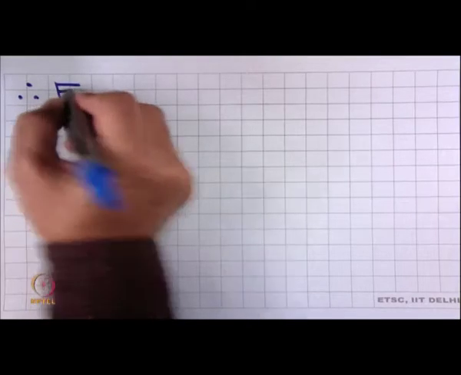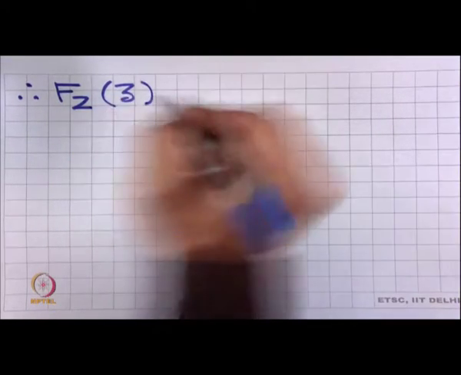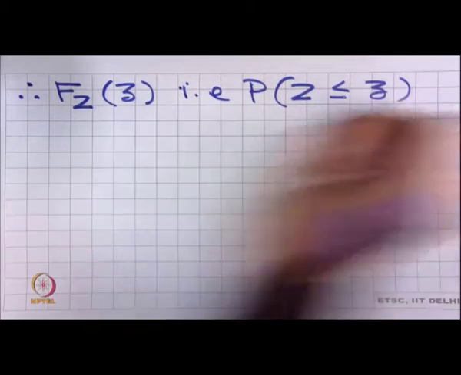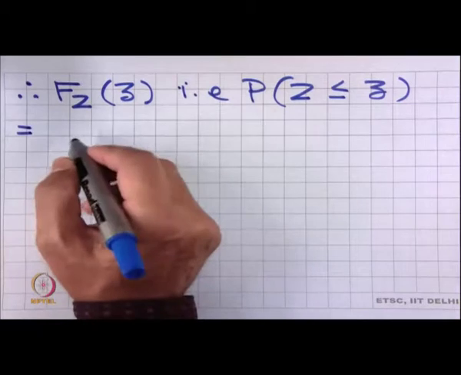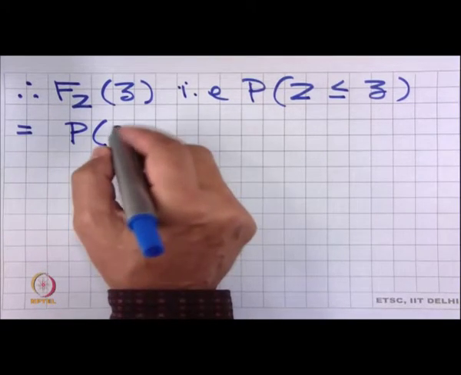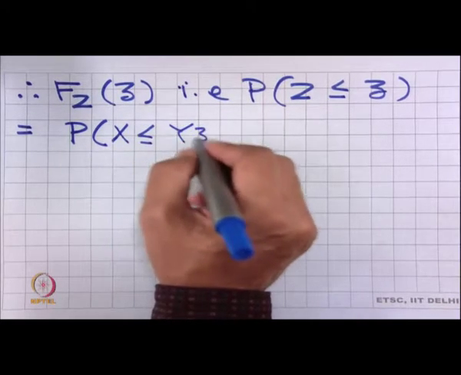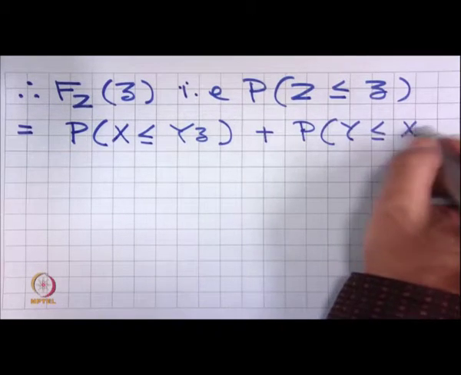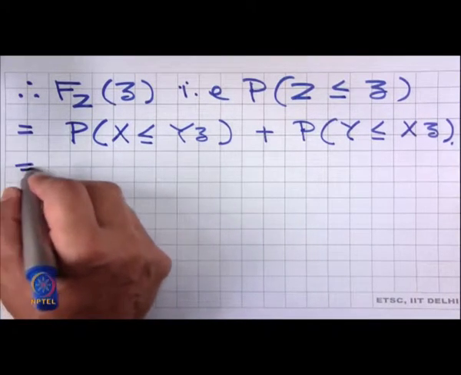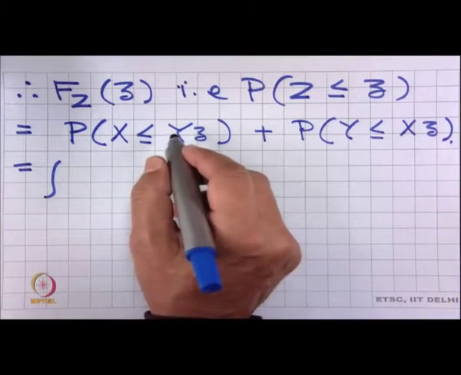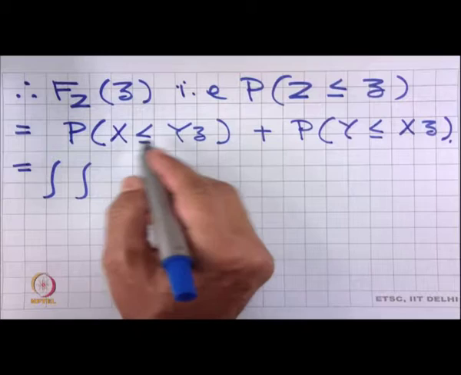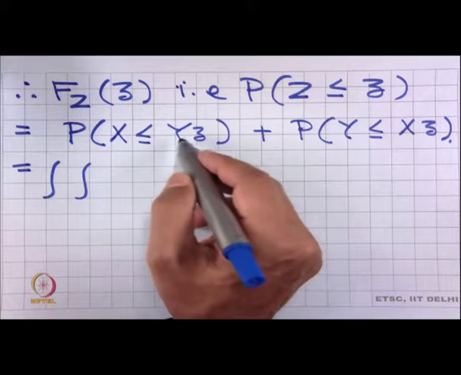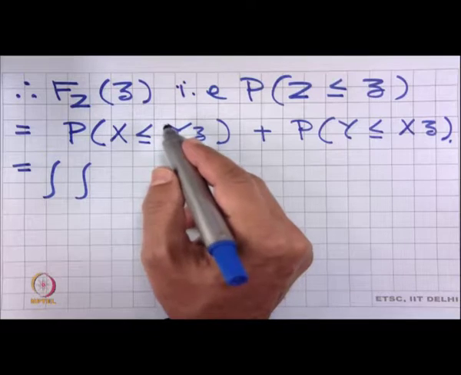Therefore, F z at z, that is probability Z less than or equal to z, is equal to probability x less than or equal to y z plus probability y less than or equal to x z, which is equal to, in the first case, x will have to be less than or equal to y z and y can be anything between 0 to infinity.